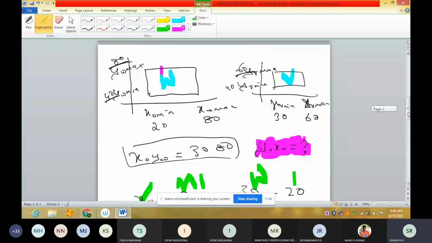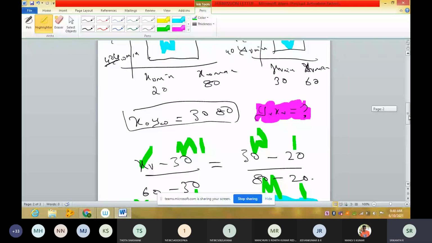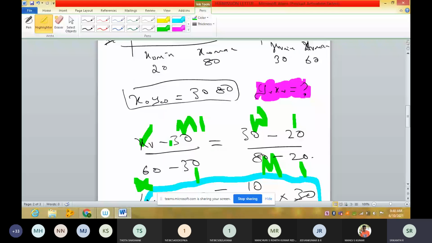Formula is XV minus XV minimum, XV minimum is 30 here, divided by XV maximum minus XV minimum, that is equal to XW minus XW minimum, XW is 30 here, XW minimum is 20, whole divided by XW maximum minus XW minimum, XW maximum is 80 and XW minimum is 20.